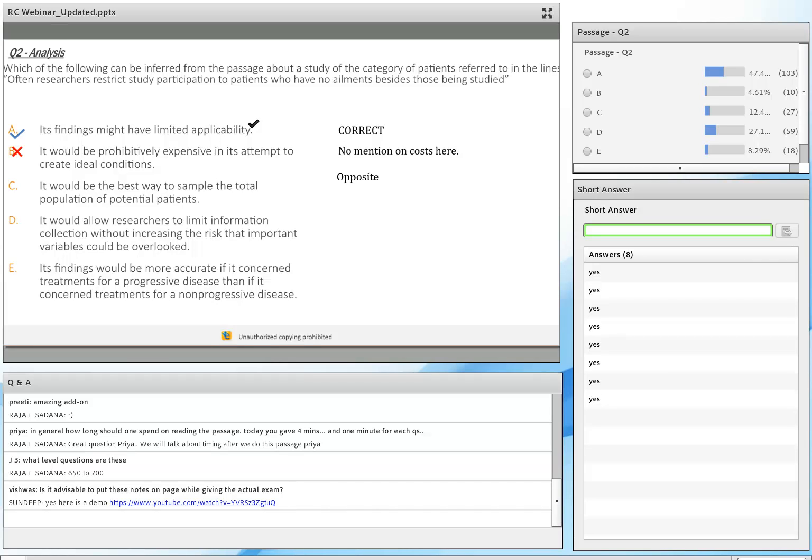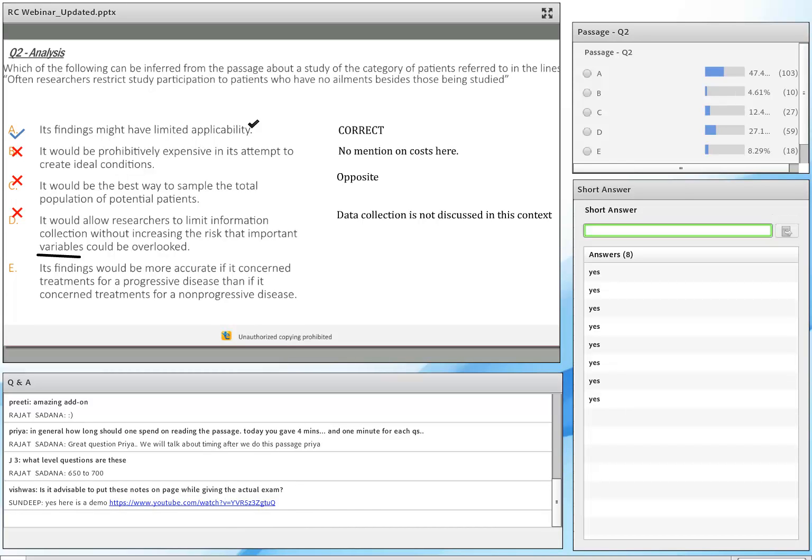Choice D, which was very popular, says it would allow researchers to limit information collection without increasing the risk that important variables could be overlooked. This is where the test confuses you. That's stated in the first paragraph, not in the context of this. The variables piece is not discussed in this context at all.